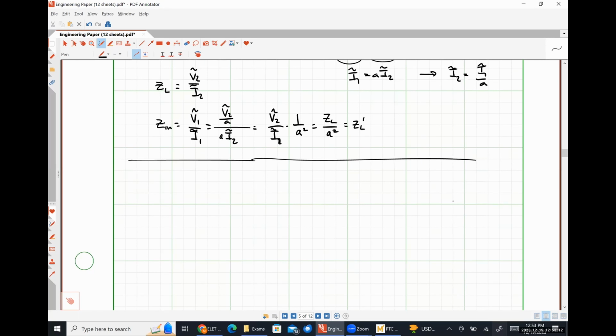So if I have a generic impedance ZL, where this is the voltage drop across that load impedance, and this is the current flowing through that load impedance, the complex power absorbed by my load is VL times IL conjugate, right?